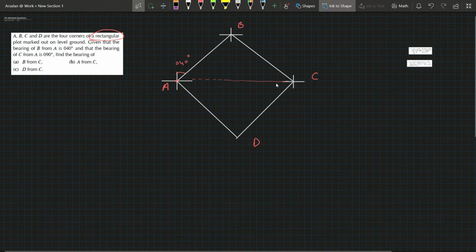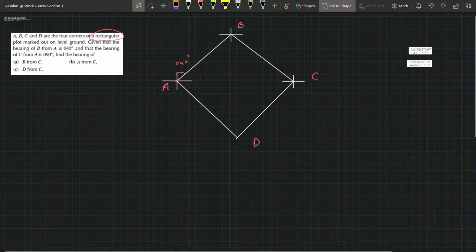And there is no information given for D, but we know that if it is a rectangle, then B will be exactly opposite to D. So we have drawn this rectangle. It doesn't look like a rectangle, but we know that the diagram is not according to the scale, so that is why we are just considering it as a rectangle, okay?